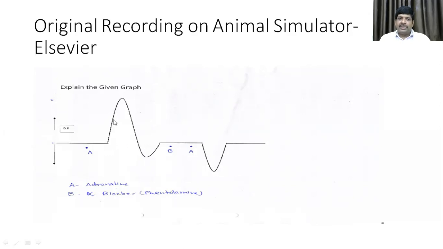At higher concentration, the action is more on the alpha receptor, and at lower concentration, the action is mostly on the beta receptor, specifically the beta 2 type receptor in the blood vessels, causing vasodilation, which causes a decrease in the blood pressure. So it is going down to the basal blood pressure.